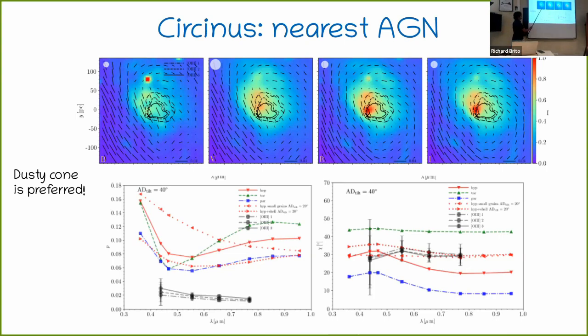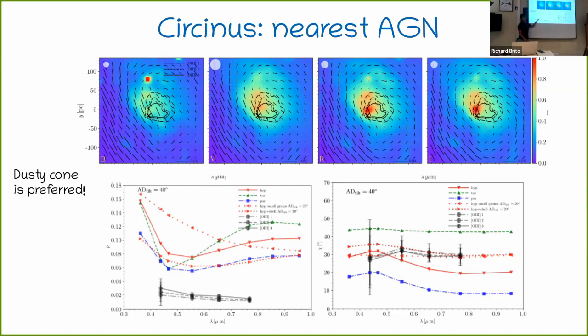And if we integrate this cone that is here, that we know is the size of the cone from oxygen-free emission lines, we compare here the polarization we measure on these 4 filters as a function of wavelength. And we compare to different models, different structures of the dust. And well, first, you can obviously see that it is much lower.